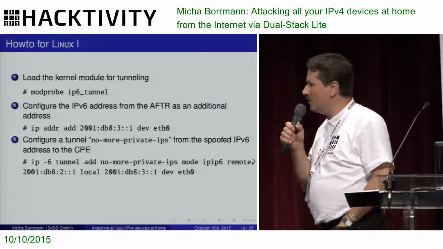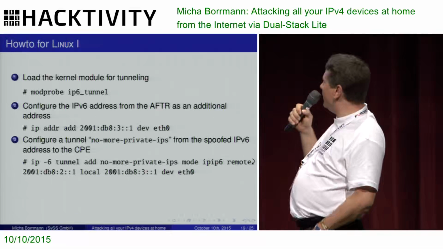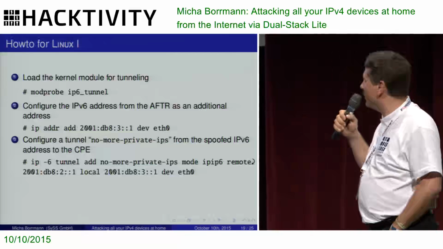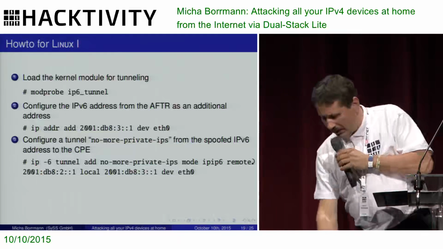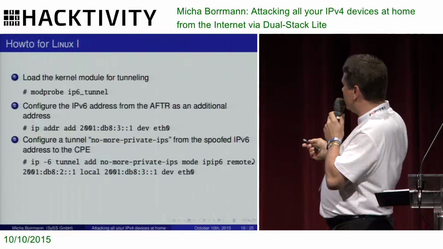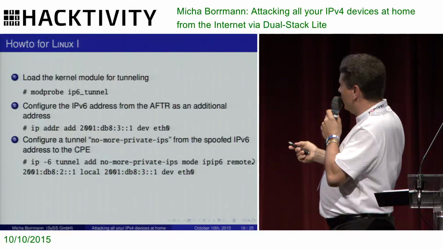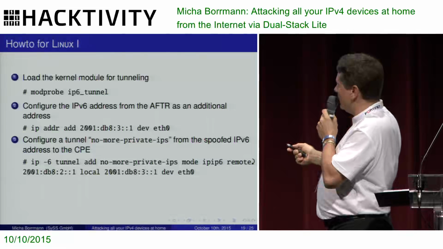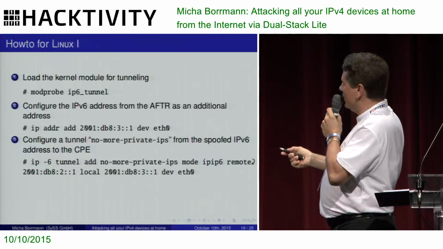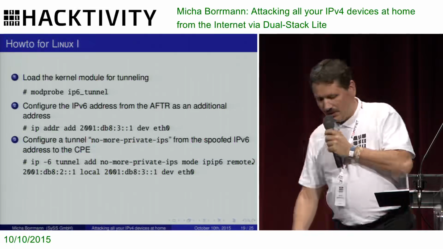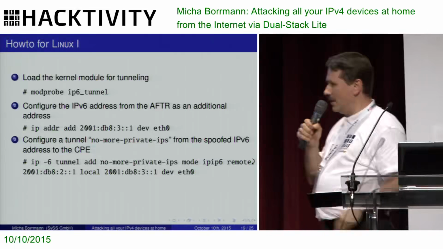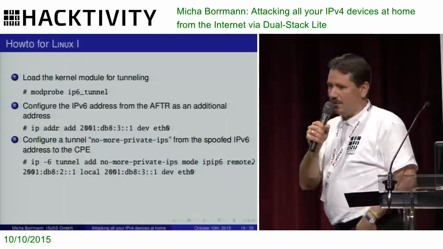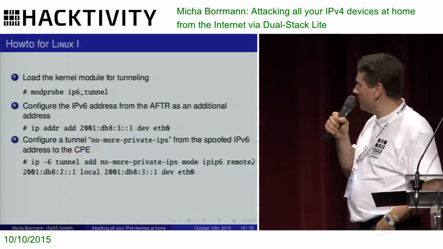Then you have to define a tunnel, the label "no more private IPs", it's only a label, you can use any name. And you have to establish this tunnel from your spoofed IPv6 address to the IPv6 address of the CPE, of the router at home, because this tunnel is without authentication and it's stateless.